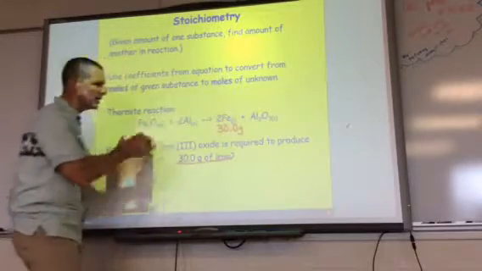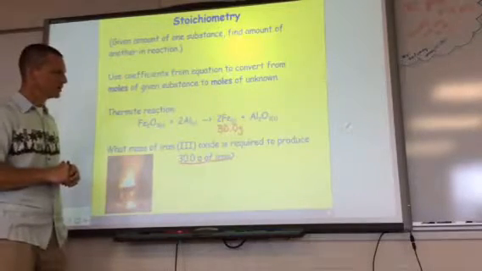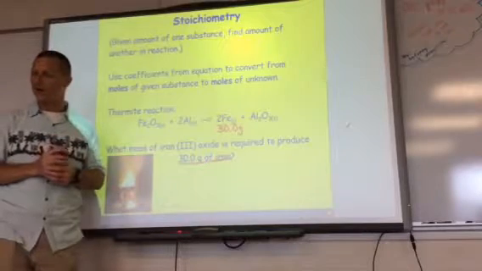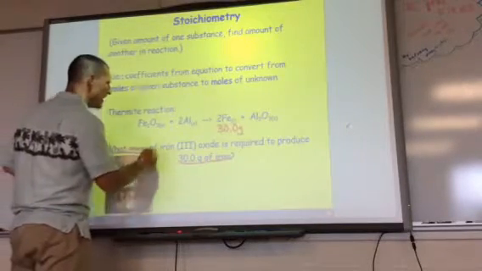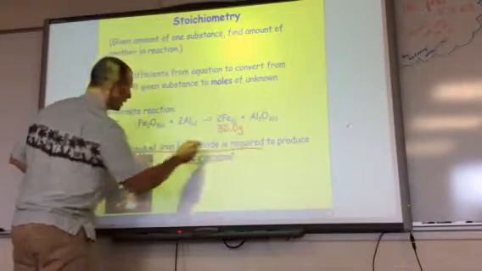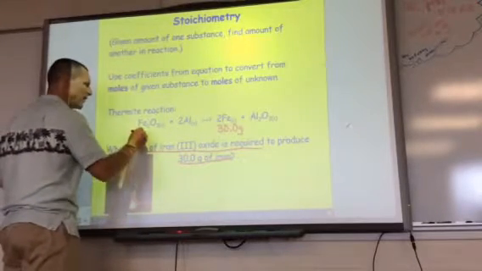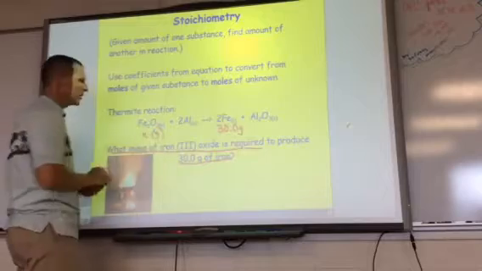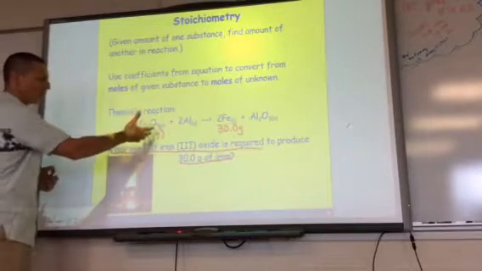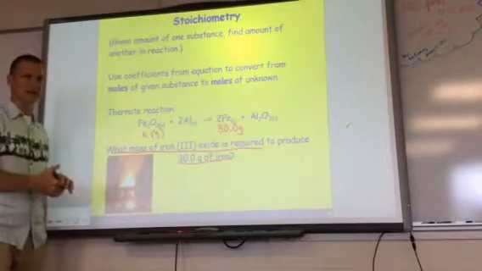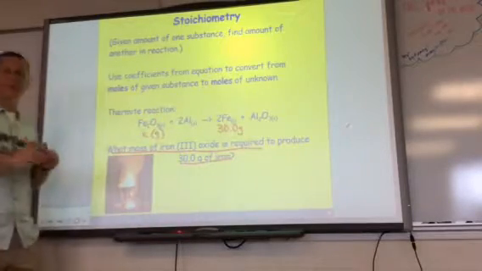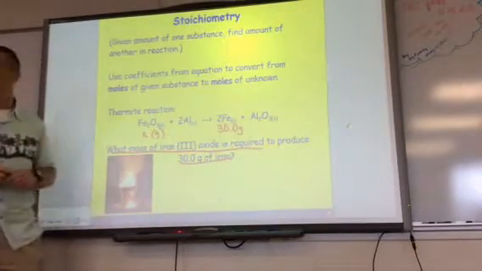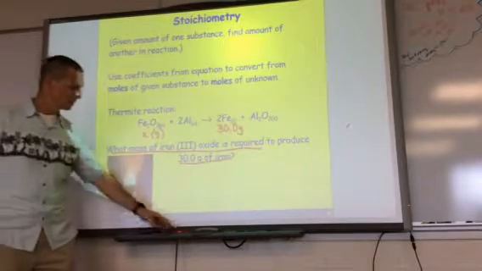So I'd find iron in the chemical equation and write that amount underneath it. The question is, what mass of iron 3 oxide is required? So this is what I'm trying to find. I'm going to call that one X and write to myself what unit I want to get to. That helps me to organize the information in the problem, and then I'm off and running with it.